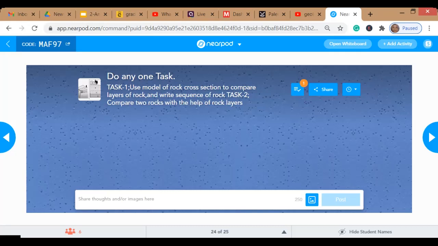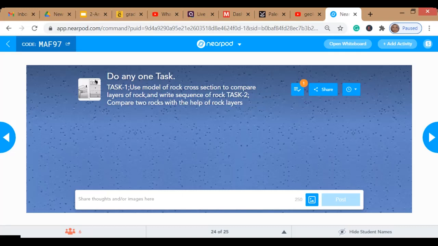In the next question, you just need to see the sequence of the layers: first is A, B, C or C, A, D, and why you select B first like that. Is it clear?